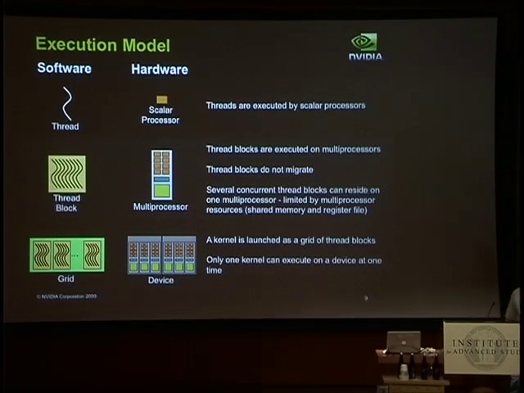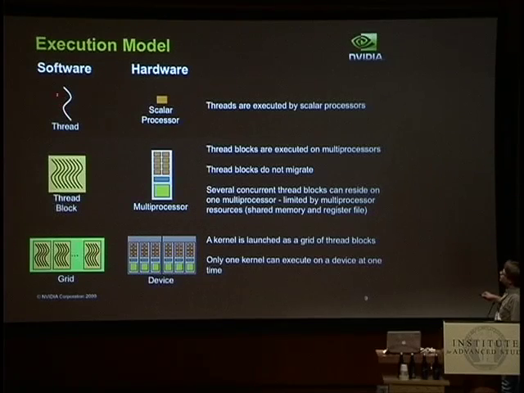So trying to pull together the picture in your mind between hardware and software, it looks like this. In software, you think there's a thread of the computation. One trip through the kernel for the given thread index tells you what's going to happen on that trip. Threads are grouped into blocks, and the blocks are grouped into grids. In hardware, there are these scalar processors.